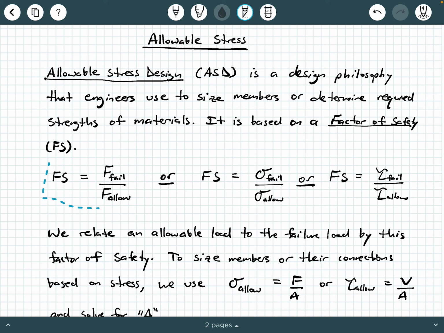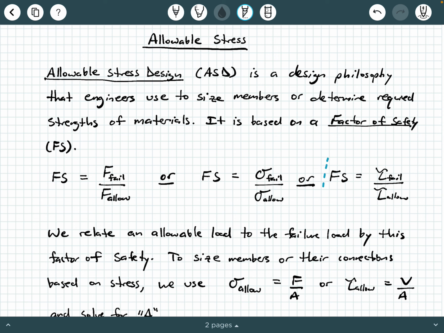Now, in this version of the factor of safety relationship, I say FS is equal to a failure force divided by an allowable force. Now, we could express this in terms of normal stress by saying that the factor of safety against failure is a failure normal stress divided by an allowable normal stress.